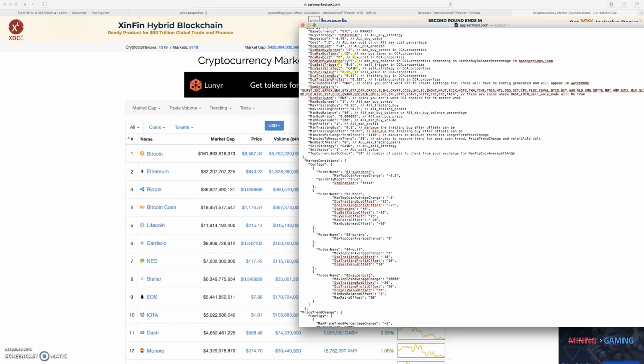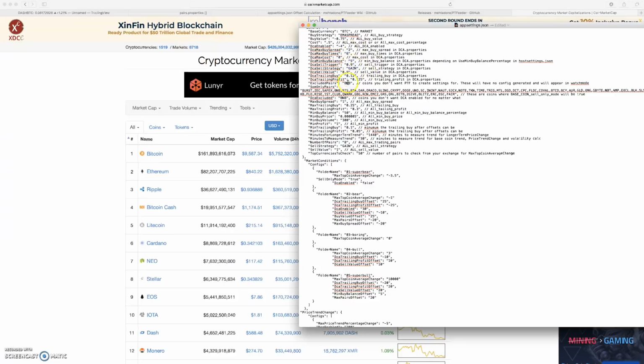So if you have a low budget and you don't mind sitting on some negative bags for a little while, then I don't mind you putting this at 4 even, or even 3. If you just want to DCA a few times and then sit on those negative bags, you're going to have more opportunity to buy other pairs with the Bitcoin that you're saving on these DCAs. So that's one way of looking at that.